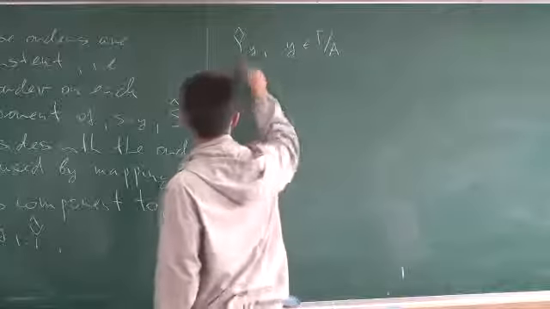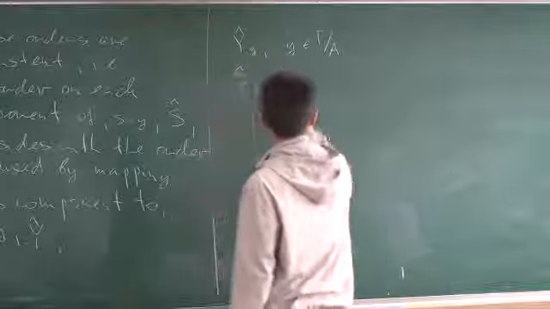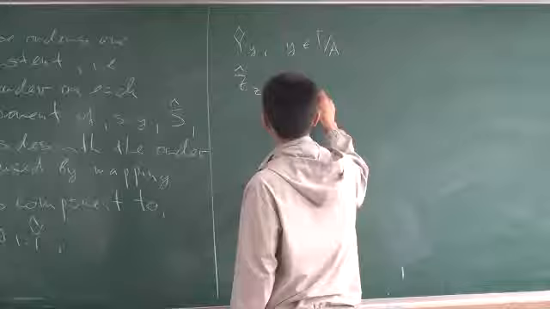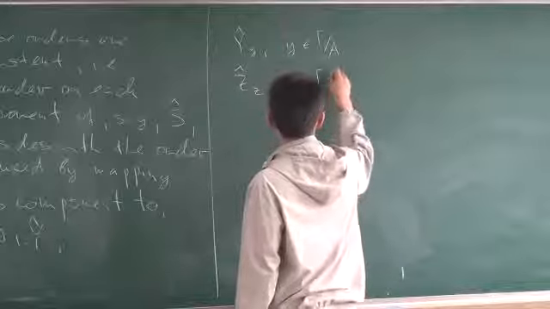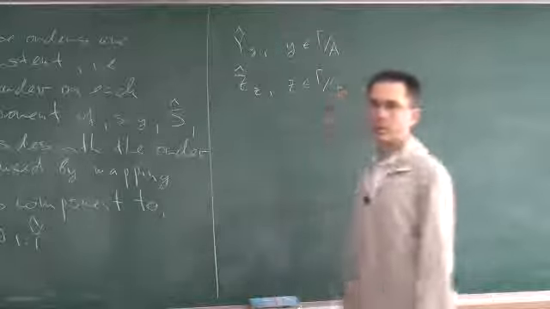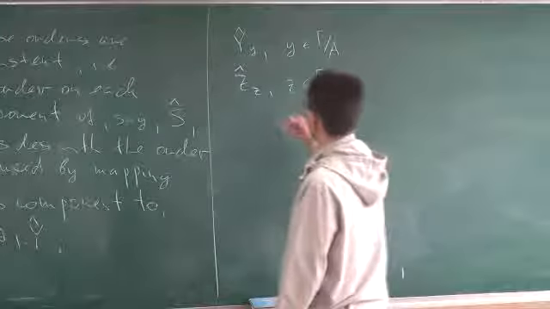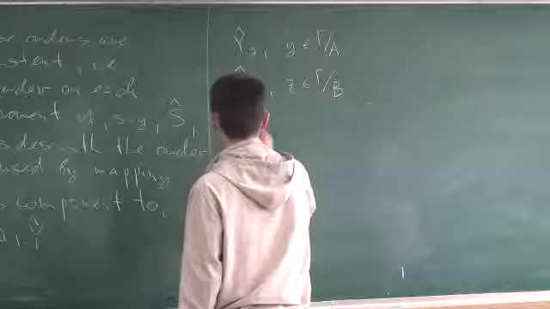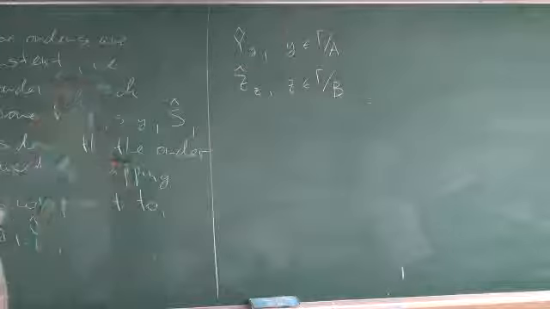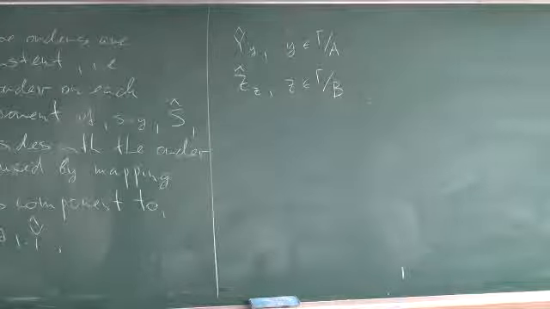Similarly for Z hat, Z sub z, where z belongs to gamma over B. And what are the components of S hat? The components are the intersections. Let's call this map alpha, this is beta, then these maps you might call alpha hat and beta hat.